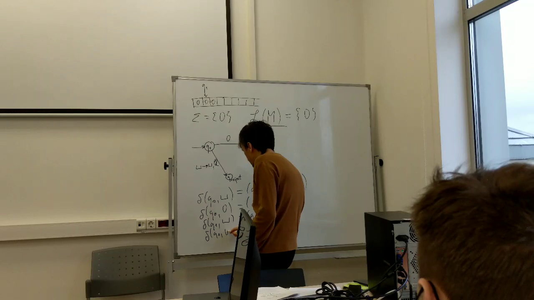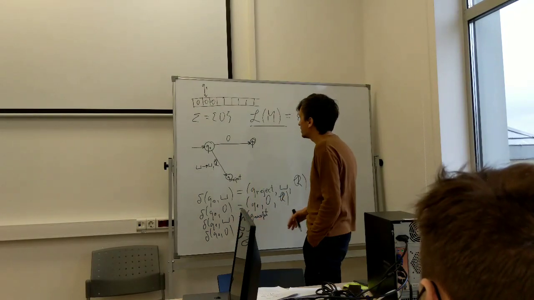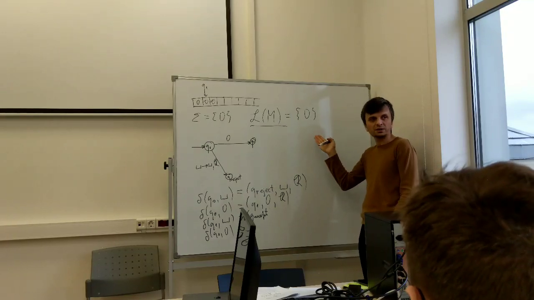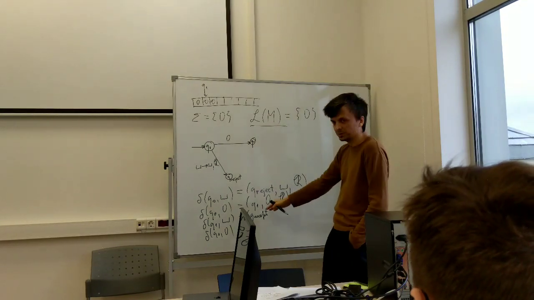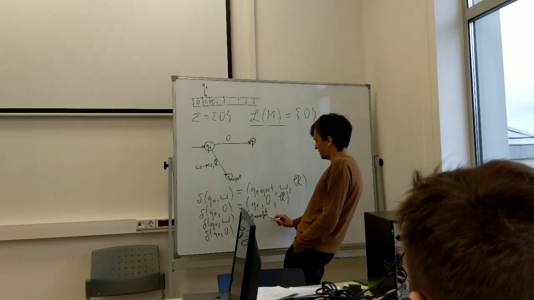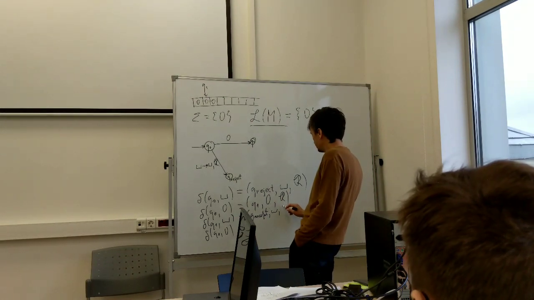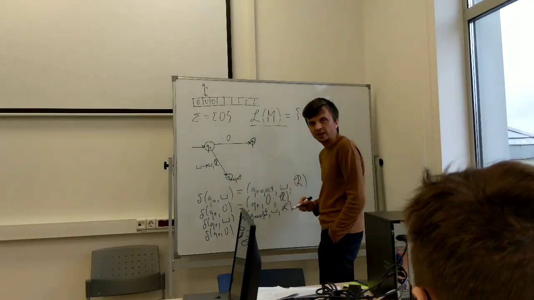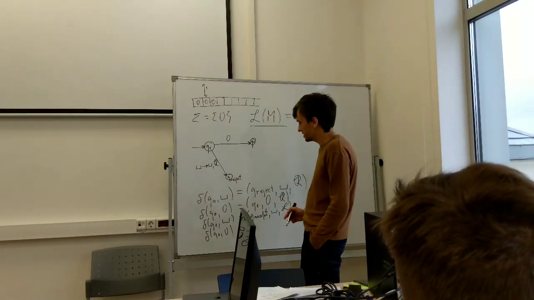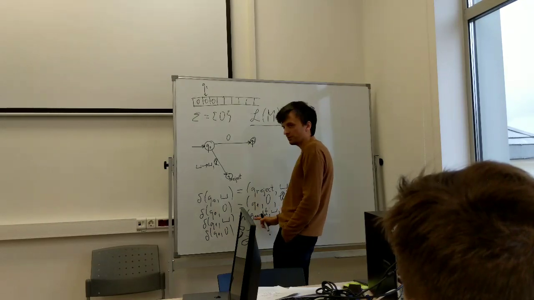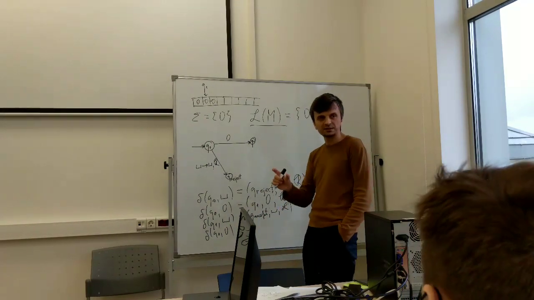So if it's the blank symbol, then this is the end of our input, and indeed the input consists of a single zero, so we accept it, and we don't have to do anything else. For example, we keep it as blank and we move to the left. It doesn't matter. And if there is a 0, we immediately enter the reject state because we have seen the second zero.